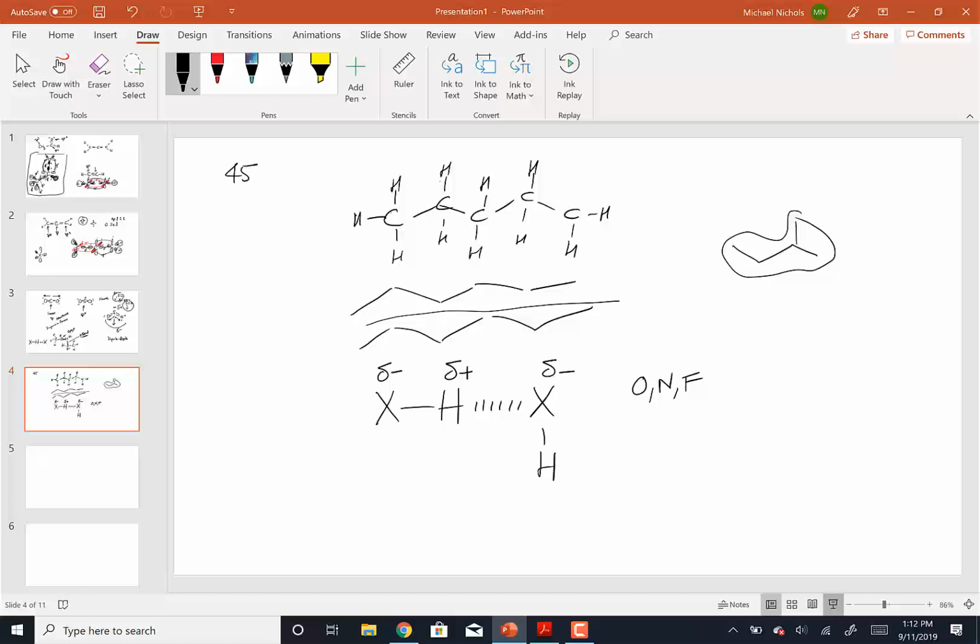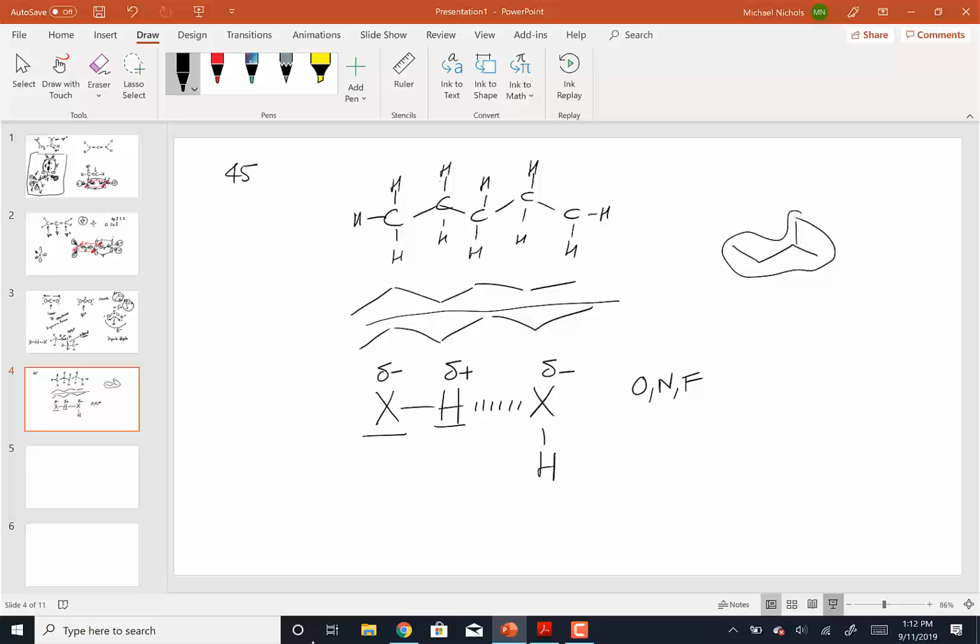So it's the Coulombic attraction between the delta plus and the delta minus that makes the hydrogen bond. Why is it the strongest intermolecular force short of full-blown plus, full-blown minus? It's because the hydrogen has the greatest delta plus charge. How did it get that? By being bonded to one of the three most electronegative elements.